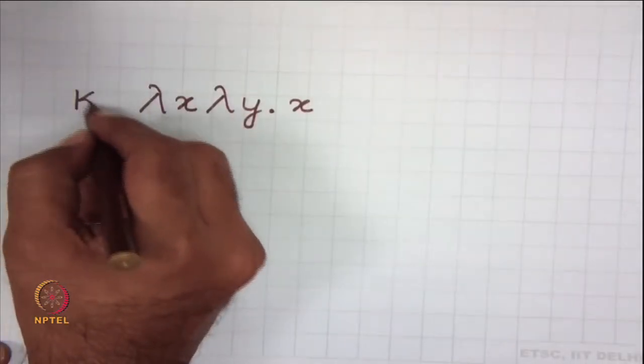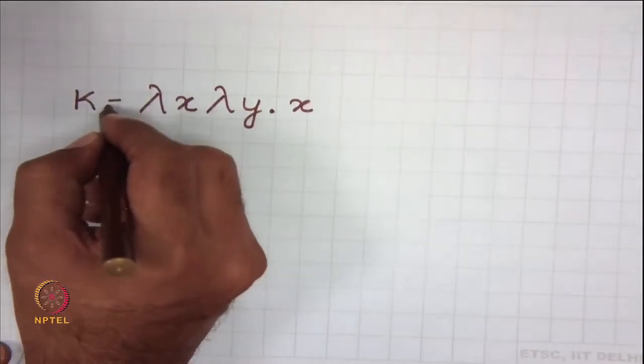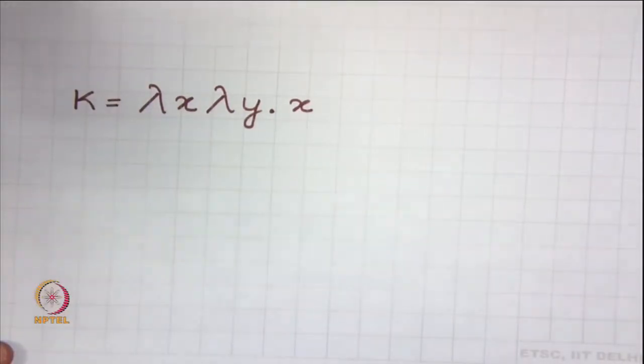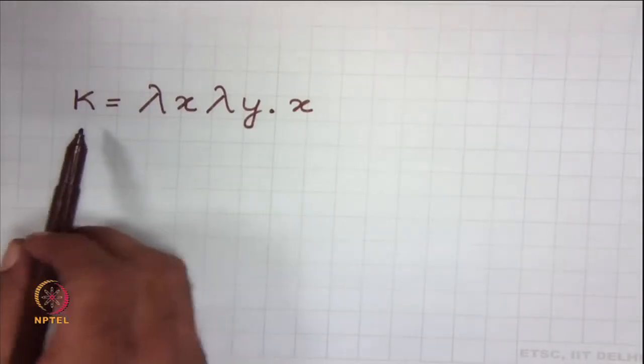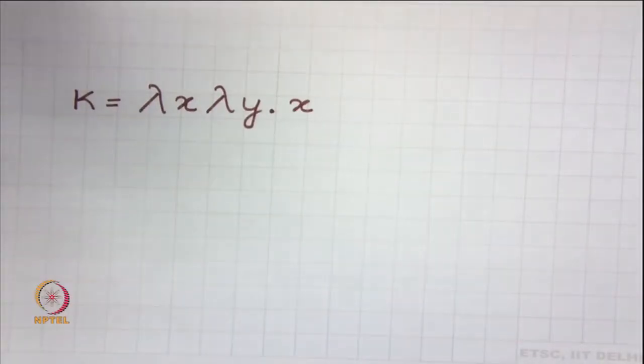It is actually true, but that is only one particular way, and there is something more fundamental about this term besides being true. It is called the combinator K. What is the connection between this combinator K and this axiom K?